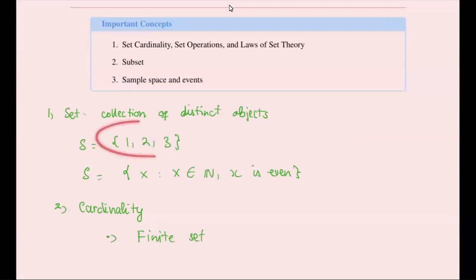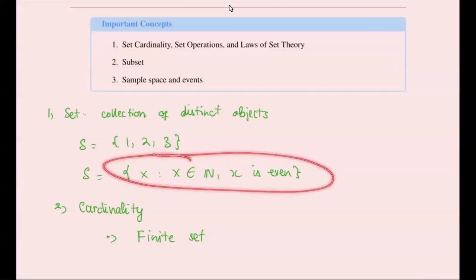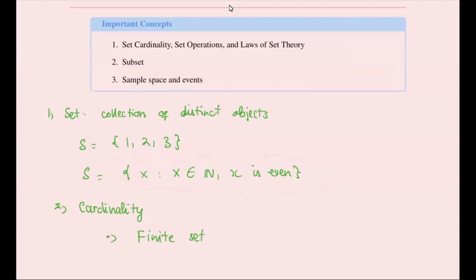For example, if you look at this, how many elements are in this set? 3, right? 1, 2, 3. You can know the specific number. But if I ask you how many elements are in this set, you cannot answer, right? Because we don't know exactly how many elements are in this set. So the first one is called a finite set.